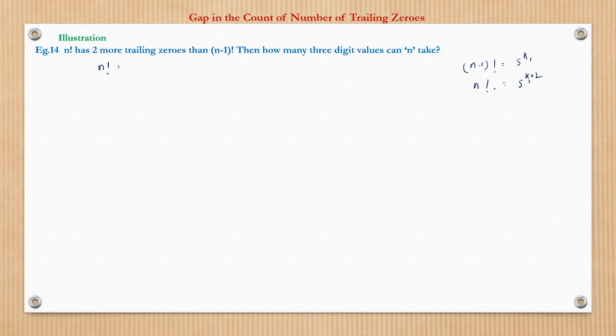So this is the basic concept. So n factorial is nothing but 5 raised to power 2 into some k into n minus 1 factorial, right? Where k is not a multiple of 5, right?